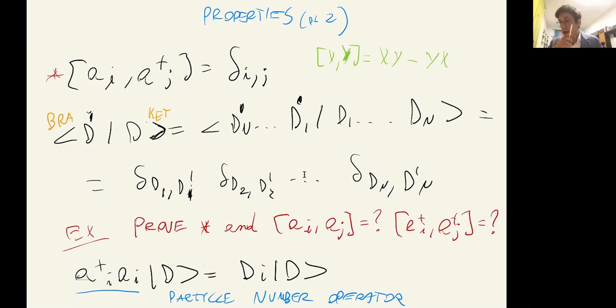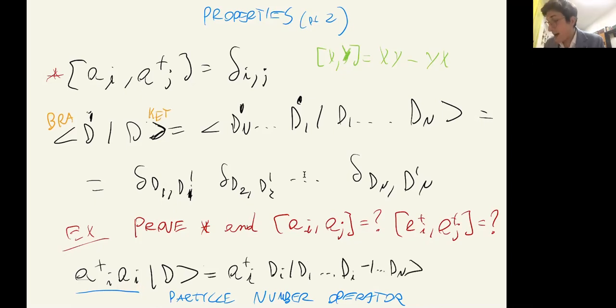Now we define another very important operator, or a combination of operators, actually, which is called the particle number operator, which is a dagger_i a_i. Because what happens if you apply a_i, this will give you d_i. Let me do it maybe step by step. When you apply a_i, this brings out, if you remember, a factor d_i, and will lower the d at position i by 1.